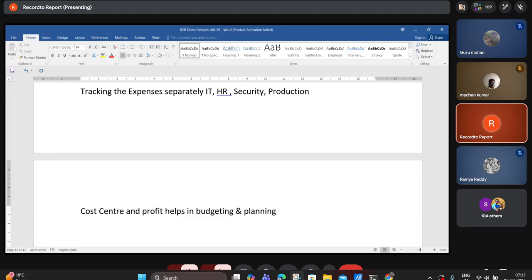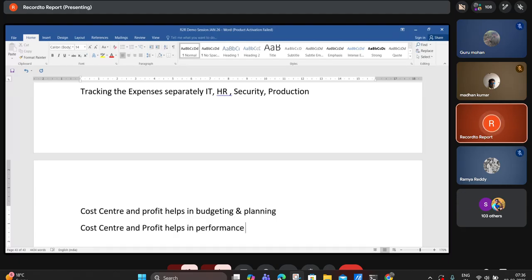So while updating, they can check what is the income we are generating from the IT department. So if it is less, they will majorly focus on high level salaries. Is that clear?